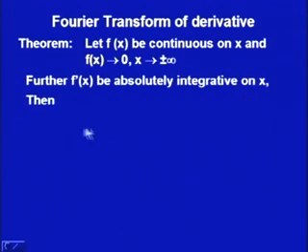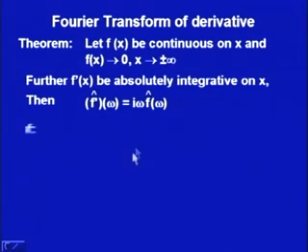Then the Fourier transform of the derivative f', evaluated at omega, is nothing but i times omega times the Fourier transform of f.